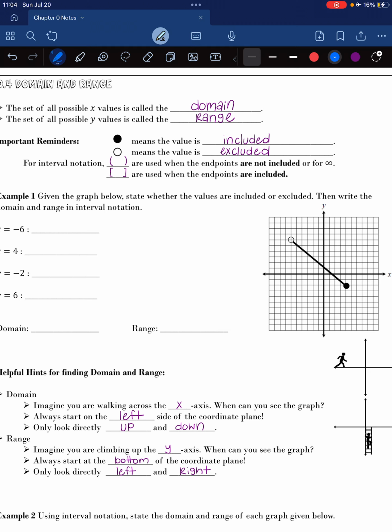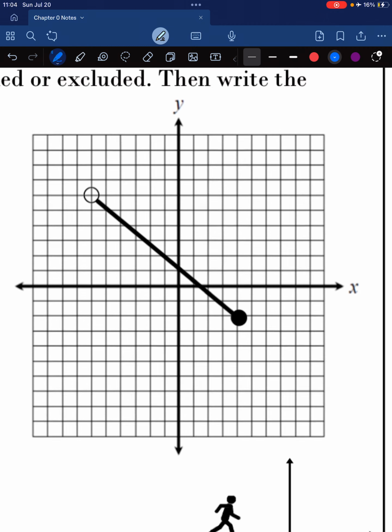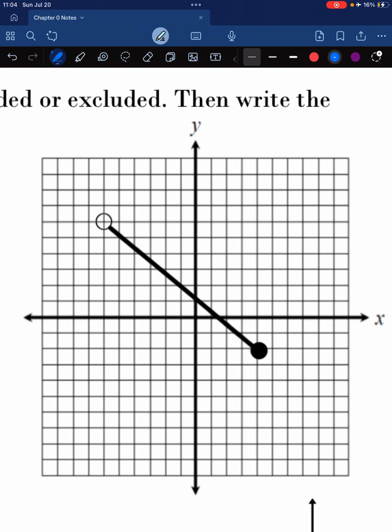Okay, so we'll jump into that as we need to use it, but let's circle back to what domain and range actually even mean. So we know that domain are the x values, and the question is, what x values could this line equal, or does this line equal?